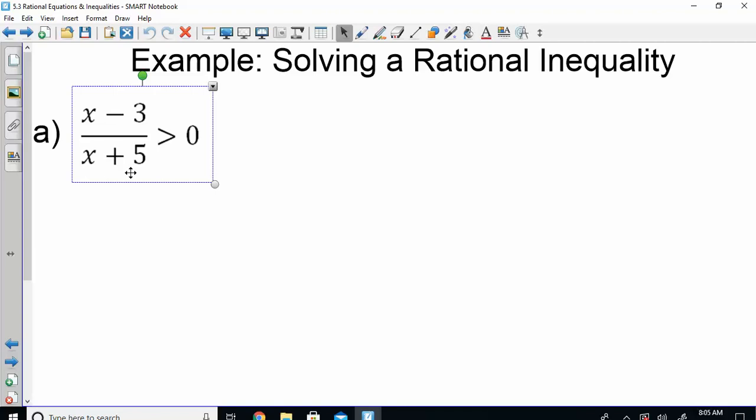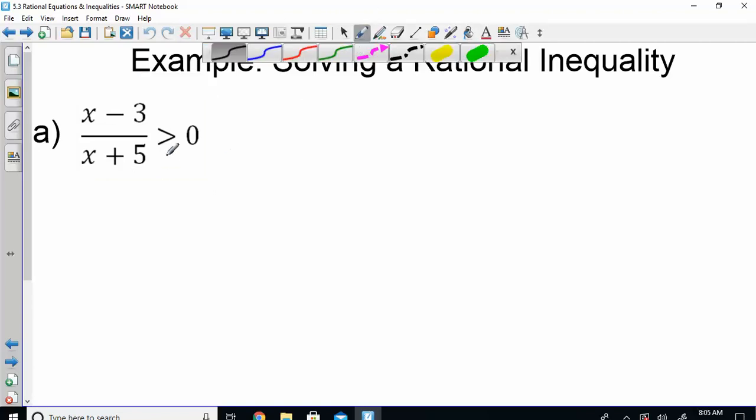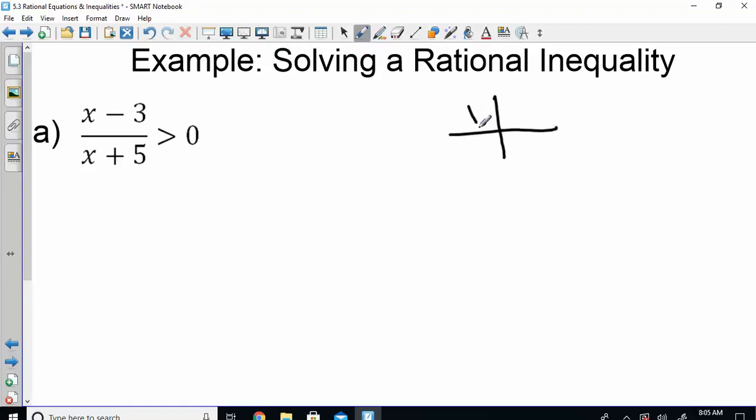So with these inequalities, our strategy is going to change. We can't get rid of the fraction. But we can look at this. If I want this fraction to be greater than 0, greater than 0 means it is positive or negative? Positive. Okay. If you're thinking about a graph, I'm just going to draw something random here for a second.